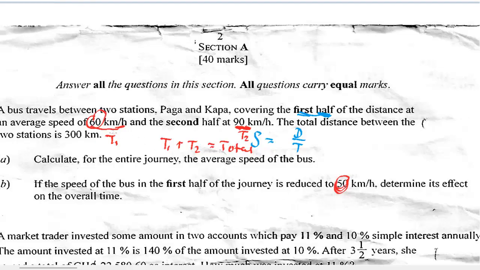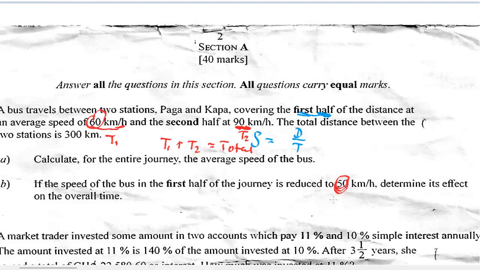So here, if the speed has decreased from 60 to 50, it's expected that our time, which will be used to cover 150 kilometers, will also increase. Note that the first one, when we calculated using the 60, we had 2.5 hours.